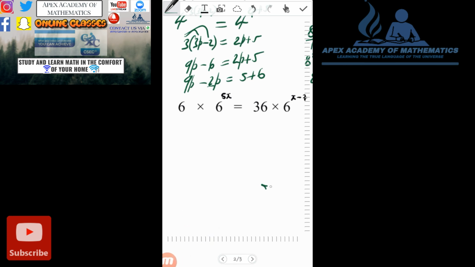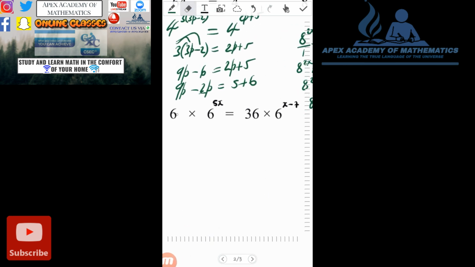Okay, good. So the final one here is 6 to the power of 1 multiplied by 6 to the 5x, and that's equal to 6 squared times 6 to the x minus 7. Okay, it's a little bit longer equation. Now here, multiplication property, 6 to the 1 plus 5x.